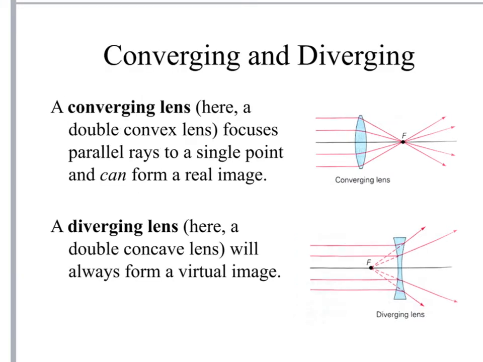There are a number of different lenses, but we're going to be focusing on a simple converging lens and a diverging lens. A converging lens can also be thought of as a biconvex lens because we have these two convex shapes right here.